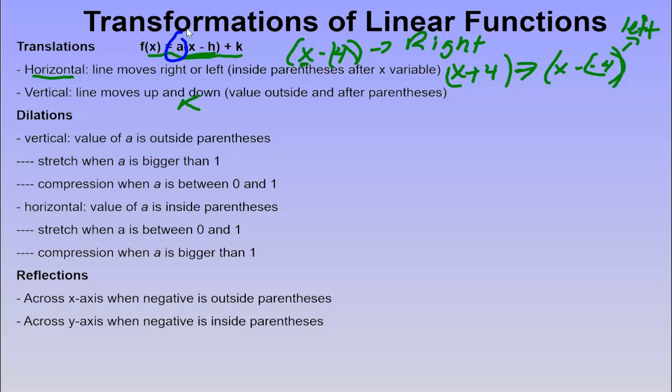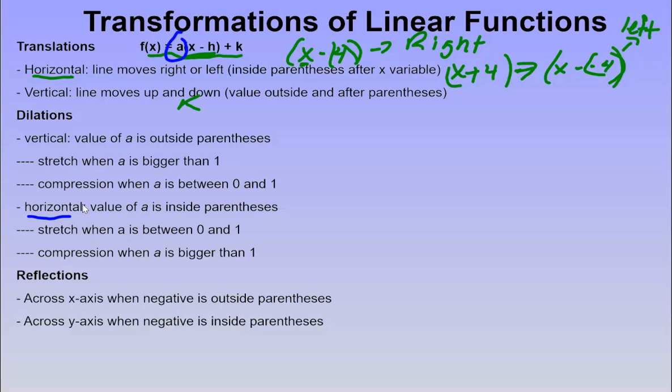Now, if the a is on the inside of the parentheses, we're going to be looking at a horizontal dilation. And a horizontal dilation also has a stretch and a compression. So for a horizontal stretch, the absolute value of a is going to be between 0 and 1. And for a horizontal compression, the absolute value of a is going to be bigger than 1.